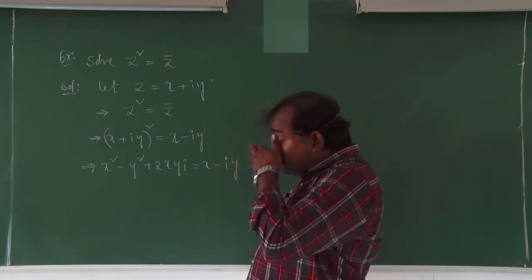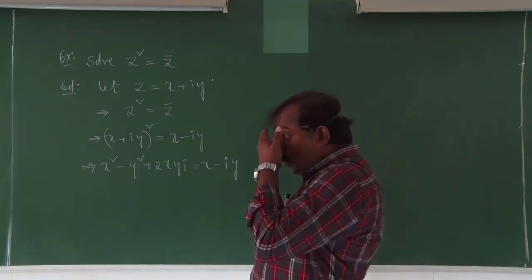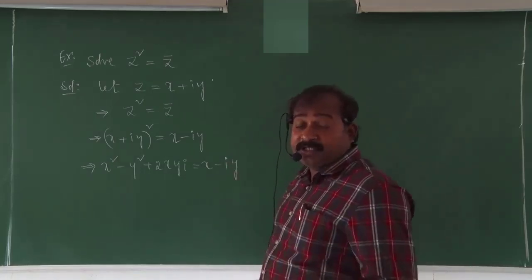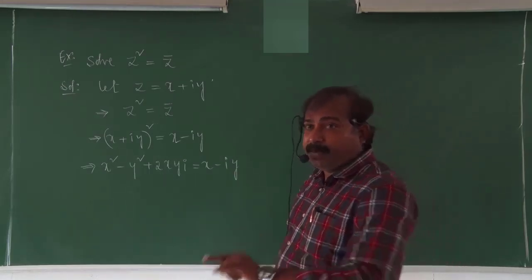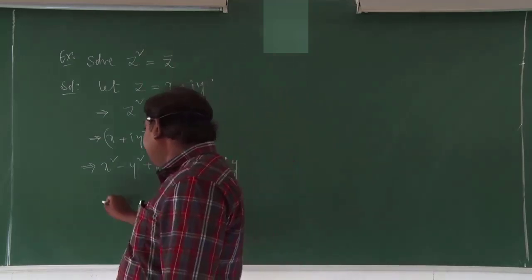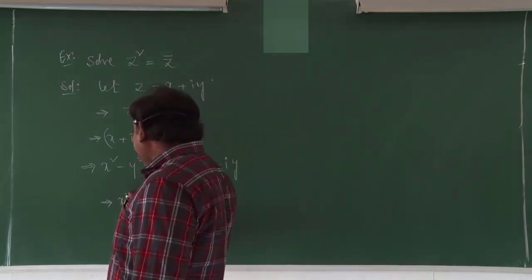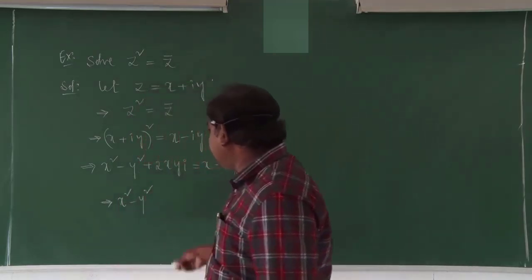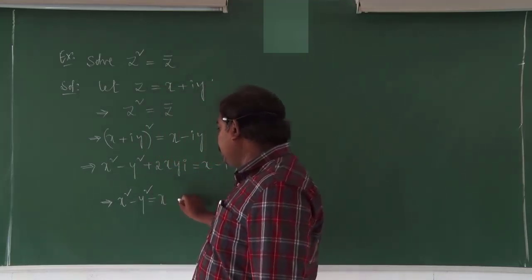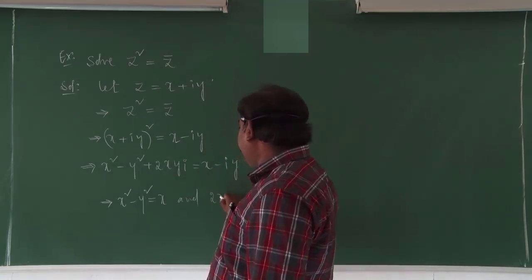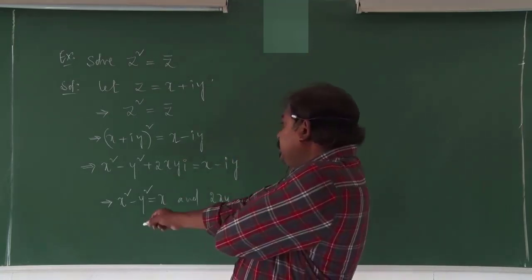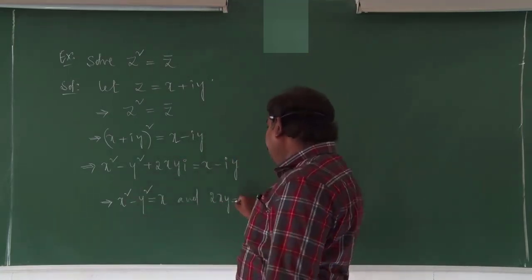Whenever two complex numbers are given as equal, what does that mean? Two complex numbers are equal means real part equals real part, imaginary part equals imaginary part. So you will get x square minus y square equal to x, and 2xy, the imaginary part, equals minus y.